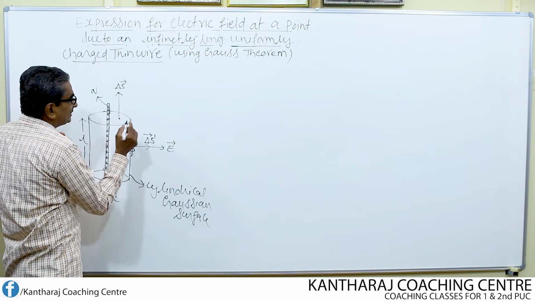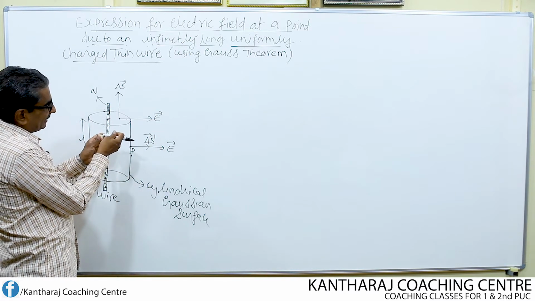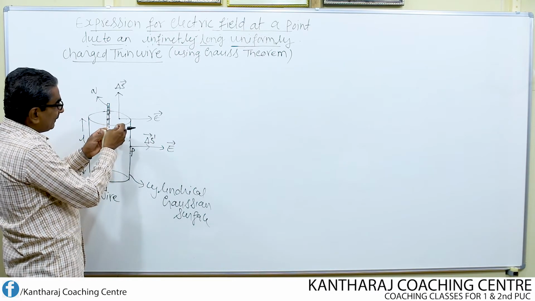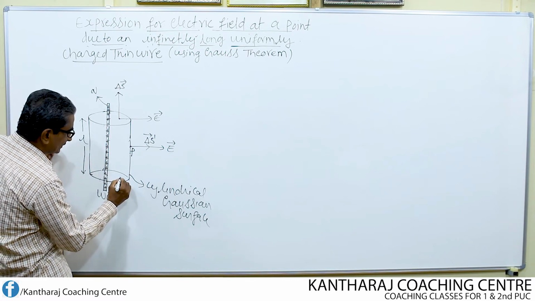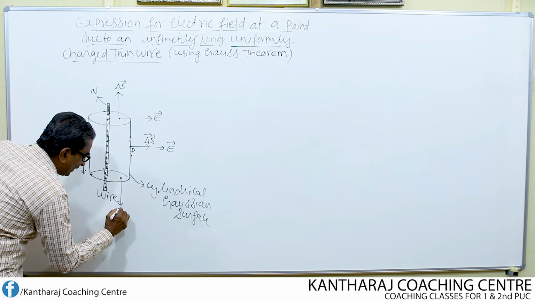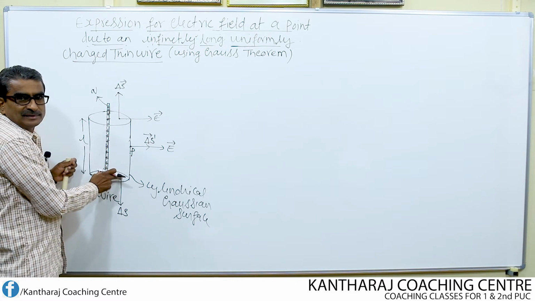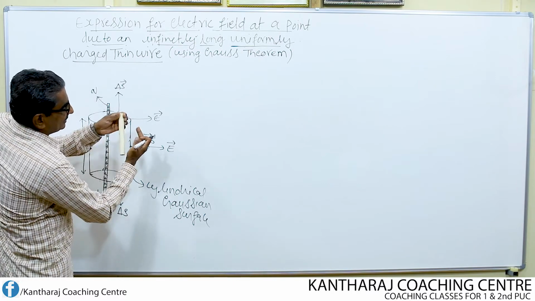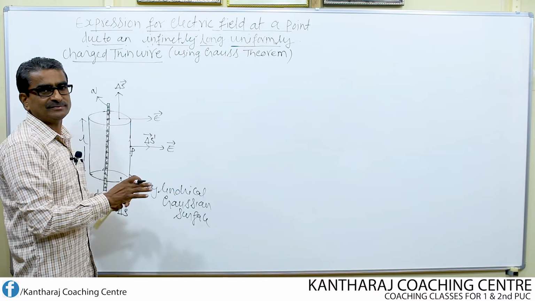But at this point, what's the direction of electric field? It is one and the same. Even at the top, electric field should be directed away from the Gaussian surface and perpendicular to it. Even at the bottom, if I choose one point here, at this point I imagine one more area vector, that is delta S. Remember, these two circular planes have the same area, delta S and delta S, whereas this has a large area, that is why I represented this by delta S dash.